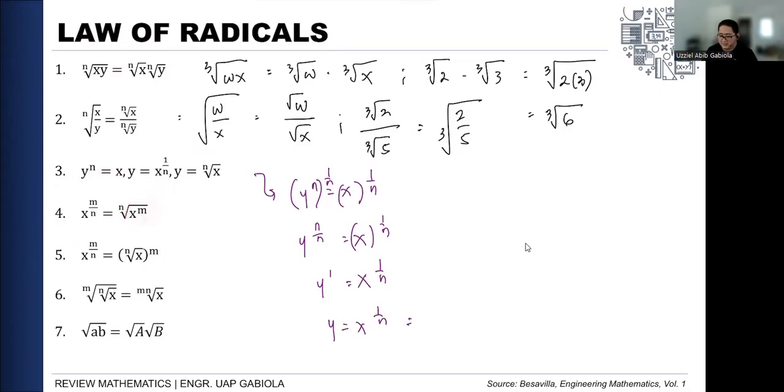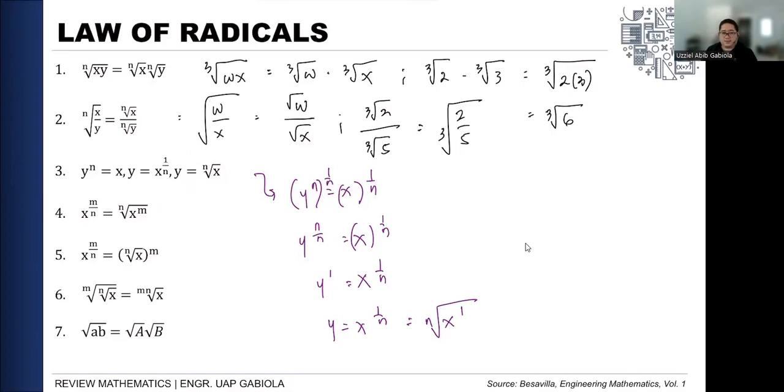And then kung ano yung denominator, yun yung root. So ibig sabihin dito sa example na to, yung y natin can be equals to x, yung m natin sa kanya ay 1, tapos ang root natin will be n. Kaya naging equal siya dito dahil dito sa rule number 4.